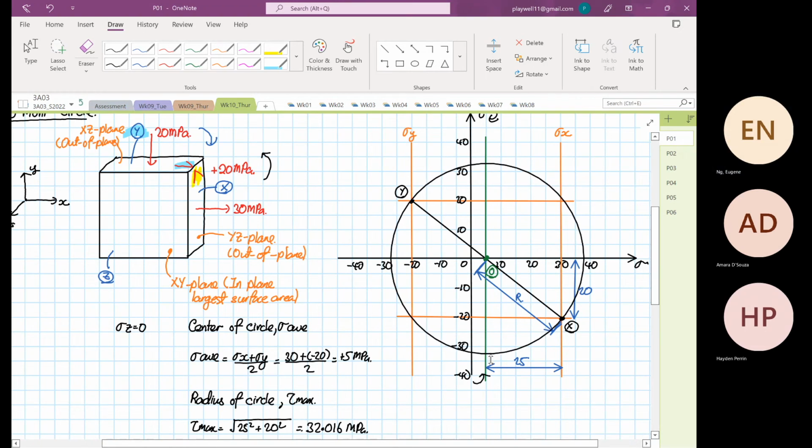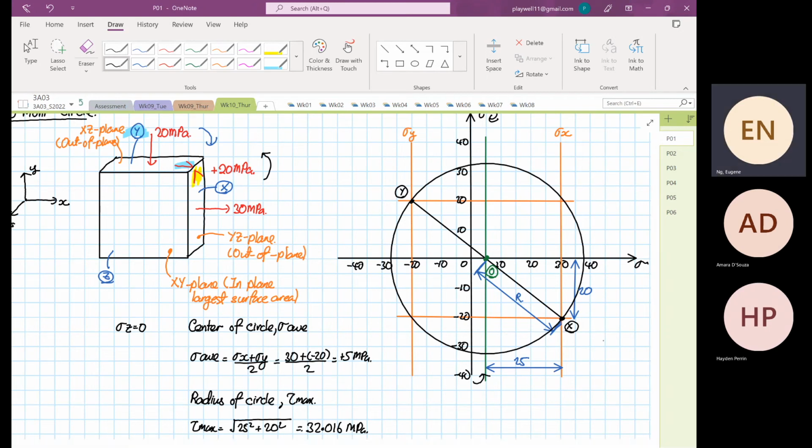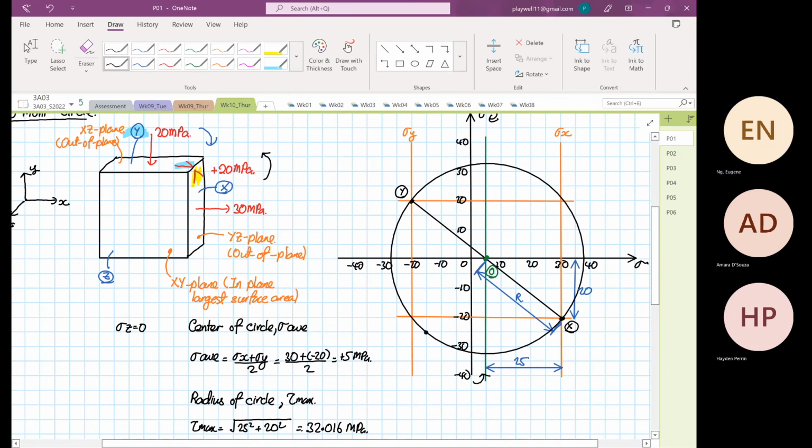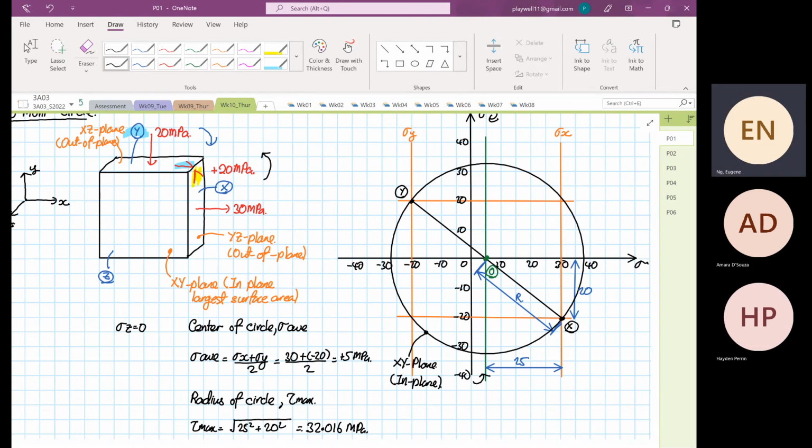Now this circle over here belongs to our XY plane, so this is our in plane. Then we also know that the stress at point Z on the element is exactly at 0, 0, because it has 0 normal stress and 0 shear stress.